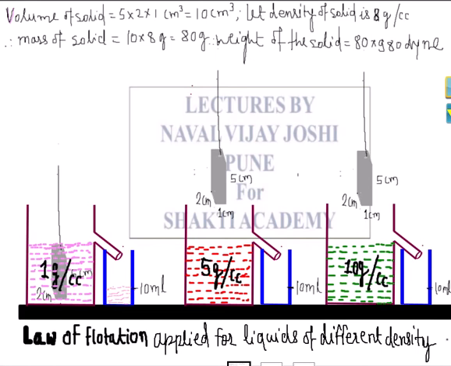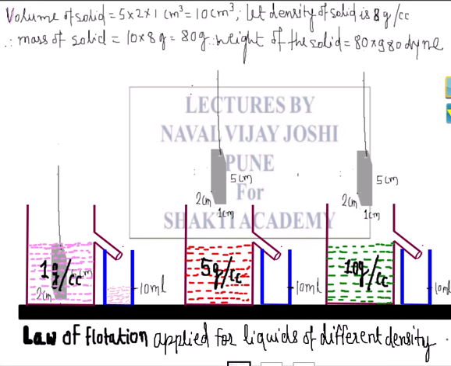In each case, you see below the spout of the Eureka pot, there is a measuring cylinder, and I have marked here the 10 ml mark. Why 10 ml you could understand now, because the volume of our solid is 10 ml, that is 10 cc, that is 10 cm cube.